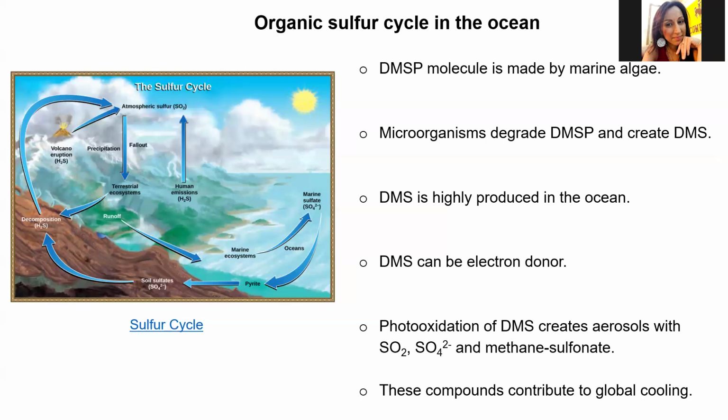Those aerosols are actually involved in global cooling, which you will agree is really important now when we are struggling with global warming. So again, microbes are those that create this DMS. Yes, it is photooxidation, but microbes degrade DMSP to DMS.